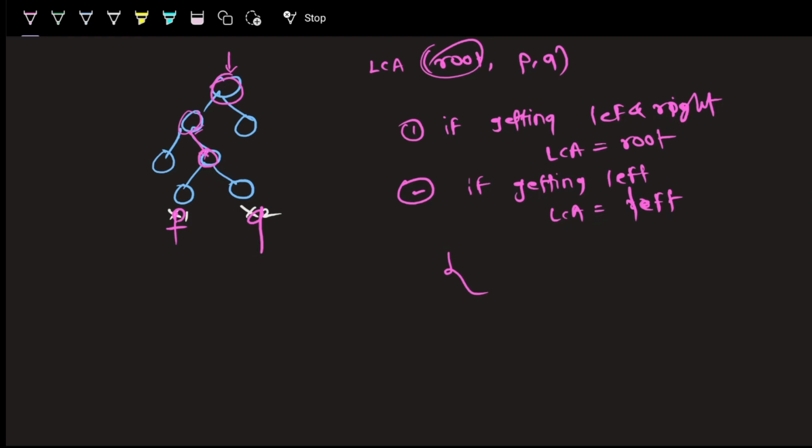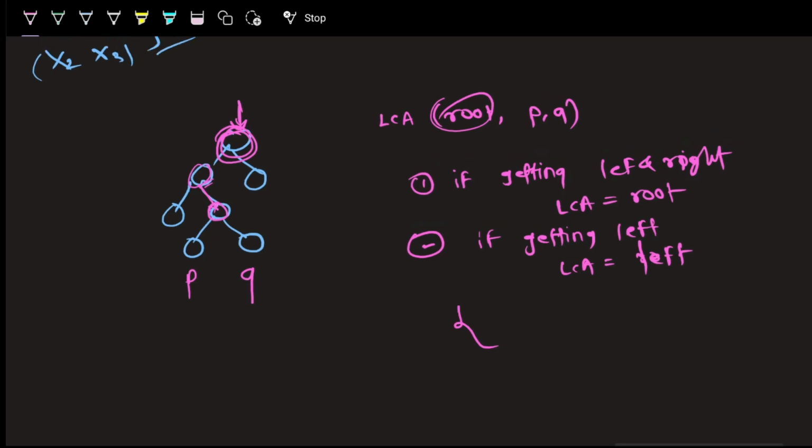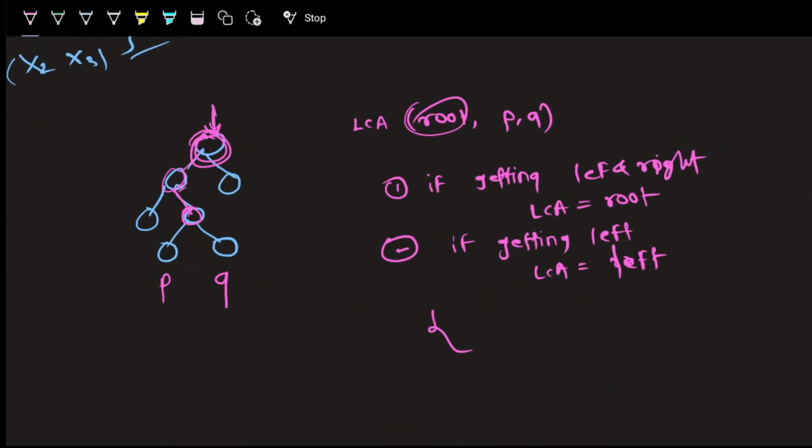So if you see here, this was my P, this was my Q. I am starting from here now. First of all, I will just ask, hey root, can you tell me from which side you are getting it, where the P and Q are present basically. It will say no, it is present on the left side. So I will just go to the left side.